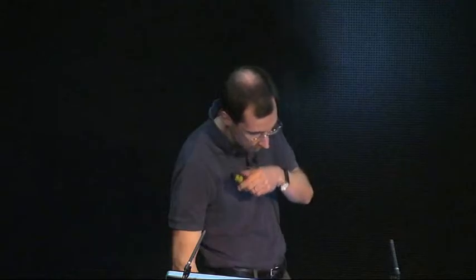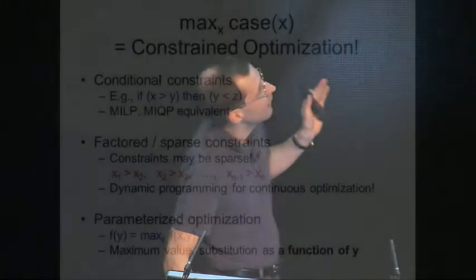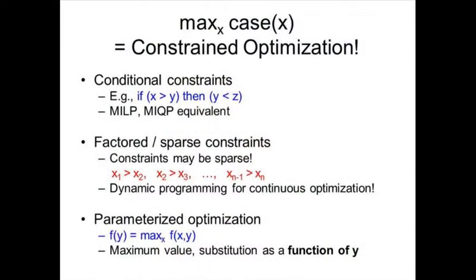Typically, in an LP or QP solution, you wouldn't do such a thing. But with operational case statements, you can do what's called parameterized optimization. So I basically want to point out that beyond graphical models, you can also do very expressive things in sequential decision-making models and constrained optimization as well.